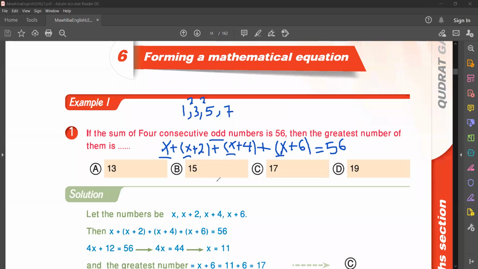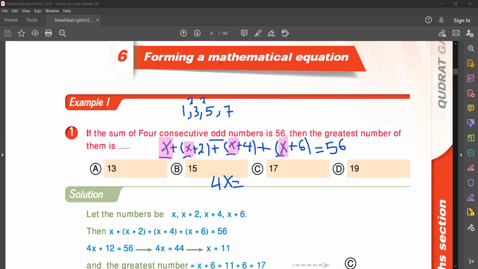How much is it? It is 4x, not 3x, because look here: this x, and here also x, and this x, and the last one is x. Now we have 4 x's.